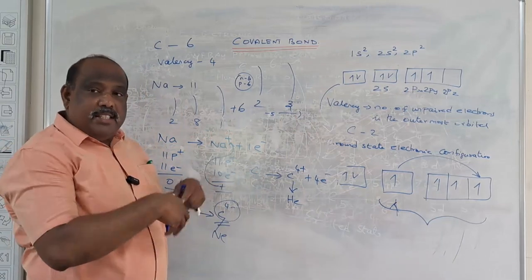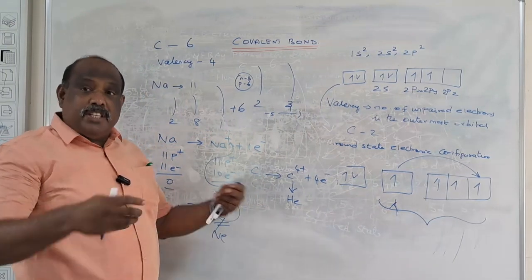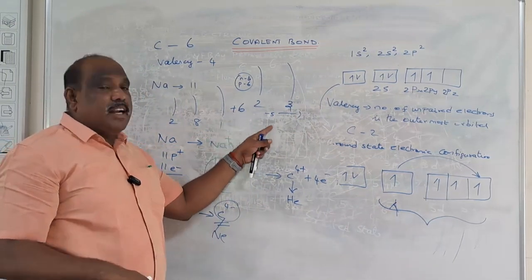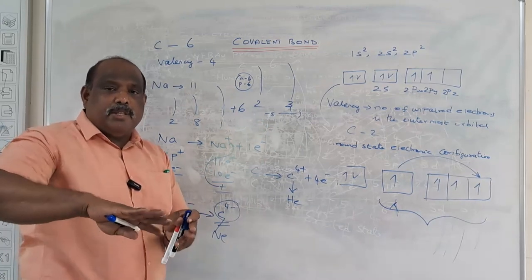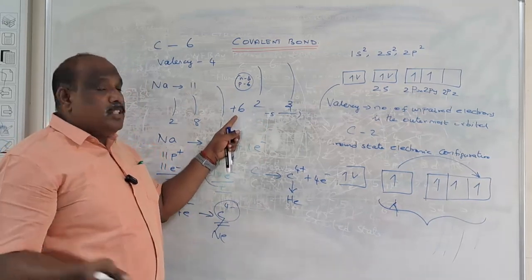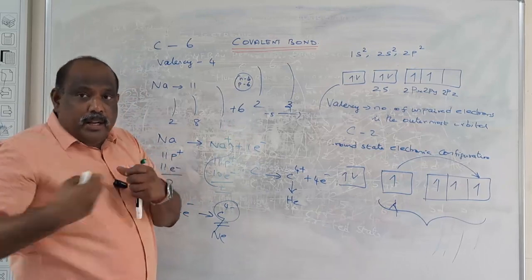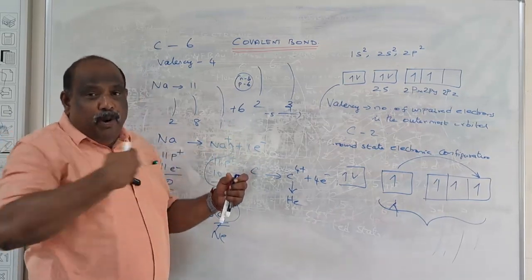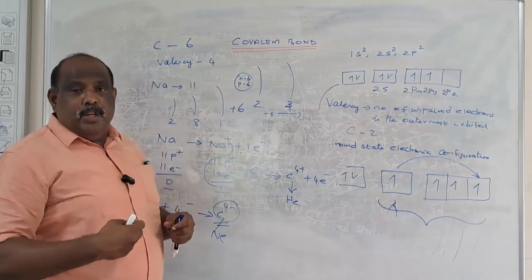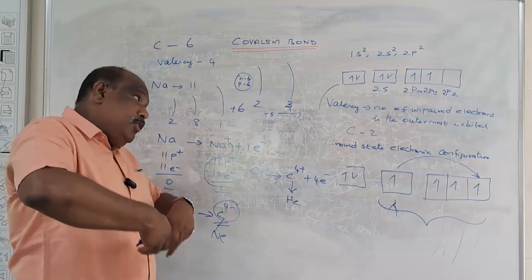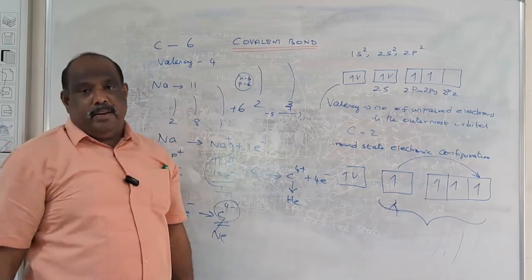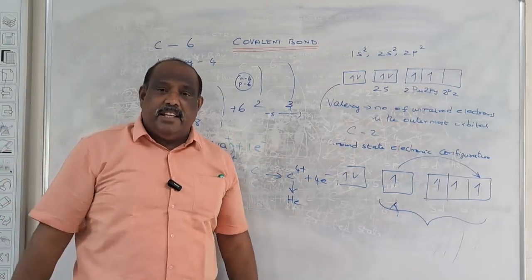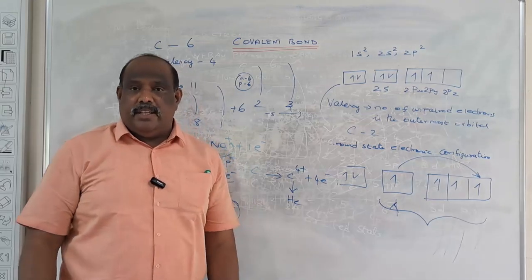Removing the first electron is easy, because there are 6 protons and 6 electrons. But now the positive charge is more and the negative charge is less, so the nucleus will try to pull these 5 electrons more closely. To remove one more electron, I have to give more energy compared to the earlier one. So the second ionization energy will be more than the first ionization energy.